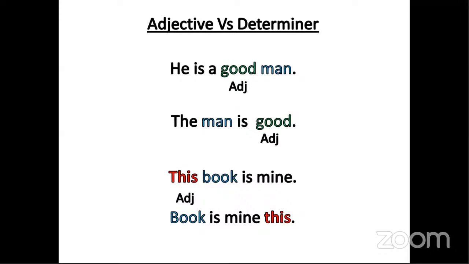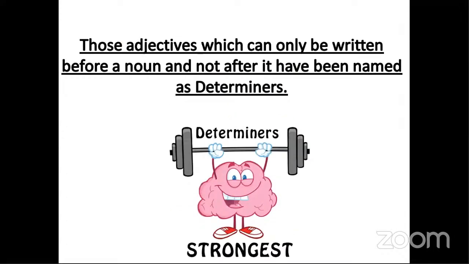No. Such adjectives which can only be written before a noun and not after it have been named as determiners. Now you got the difference between an adjective and a determiner. Determiner is also a kind of adjective, but there is a restriction. What is that restriction? Those adjectives which cannot be written after a noun, which have to be written only before a noun, are called determiners.